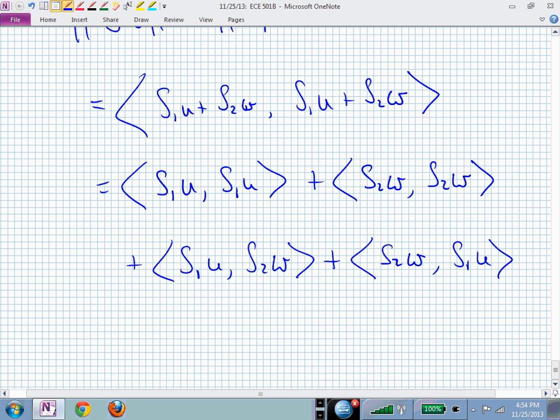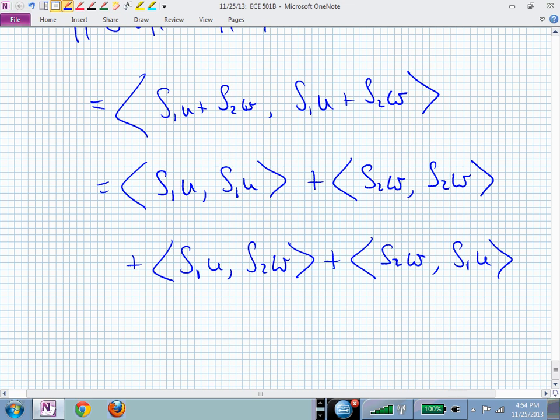Can I simplify those four inner products in any way? What do I know about U and W and when they're operated on by S1 and S2? This was in the range space, and this was in the perp of that, wasn't it? And likewise for W and U. So those are going to vanish.